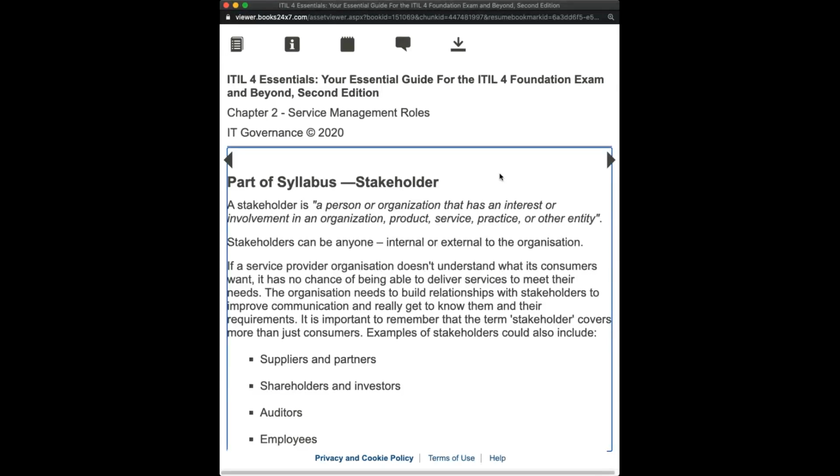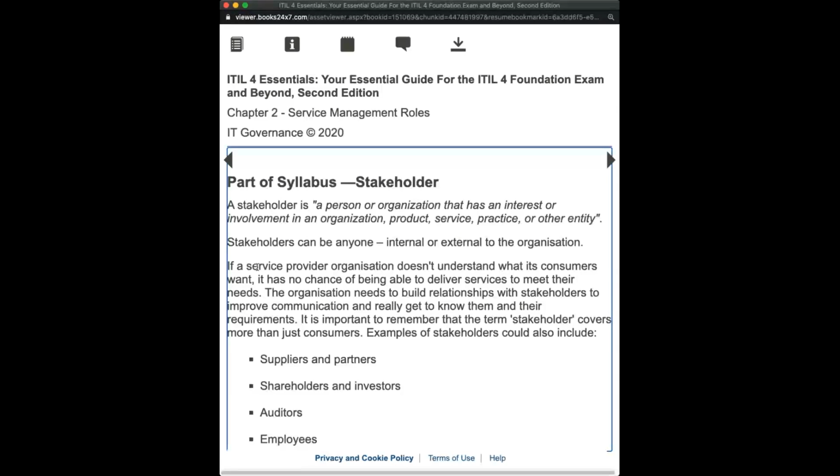So now the stakeholder. It's basically a person or organization that has an interest or involvement in our organization, product, service, practice, or other entities. It can be anyone. It can be internal or external.